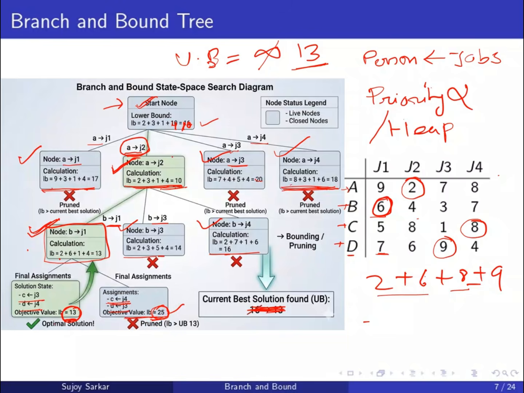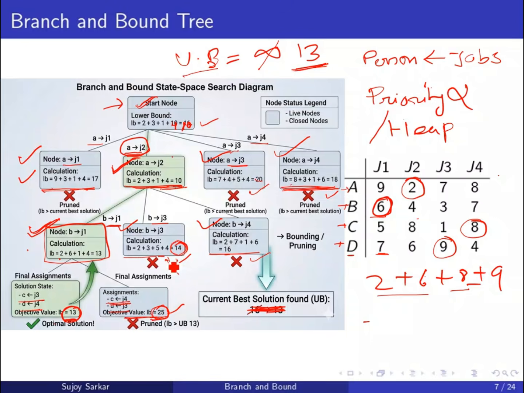So these two are completed. The next live nodes are 17, 14, 16, 20, 18. Among them the minimum is 14. So it is telling us that if we go down this path, the solution will cost at least 14 or more. But we have already found a solution costing 13.